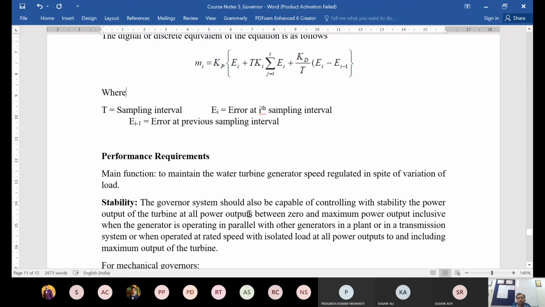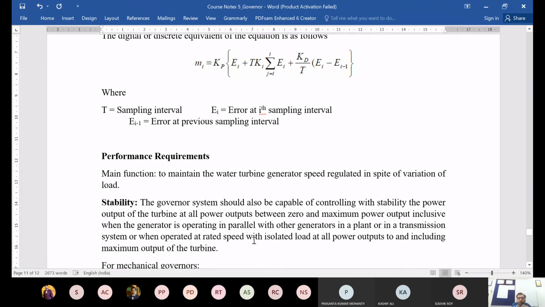The governor system should be capable of controlling with stability the power output of the turbine at all power outputs between 0 and maximum power output, inclusive, when the generator is operating in parallel with other generators in a plant or in a transmission system, or when operated at rated speed with isolated load at all power outputs up to and including maximum output of the turbine. So what it basically means is that speed control is there, but it has to be in a stable way. So stability is an important criterion.